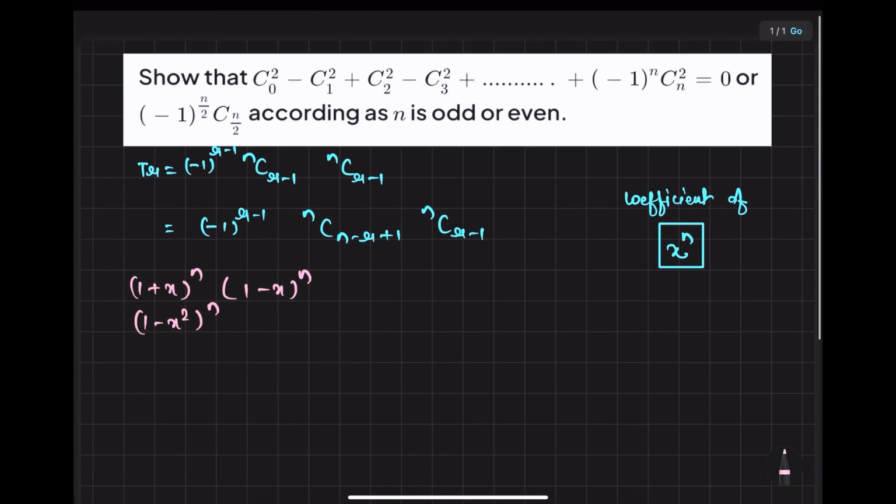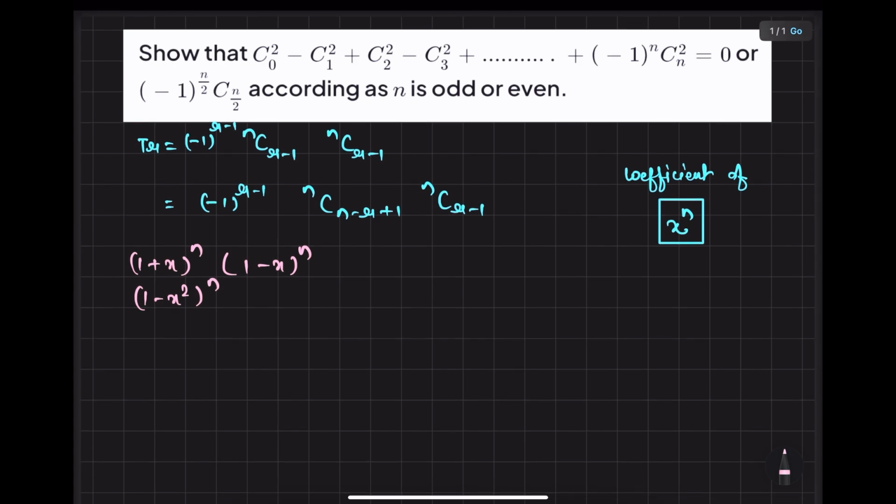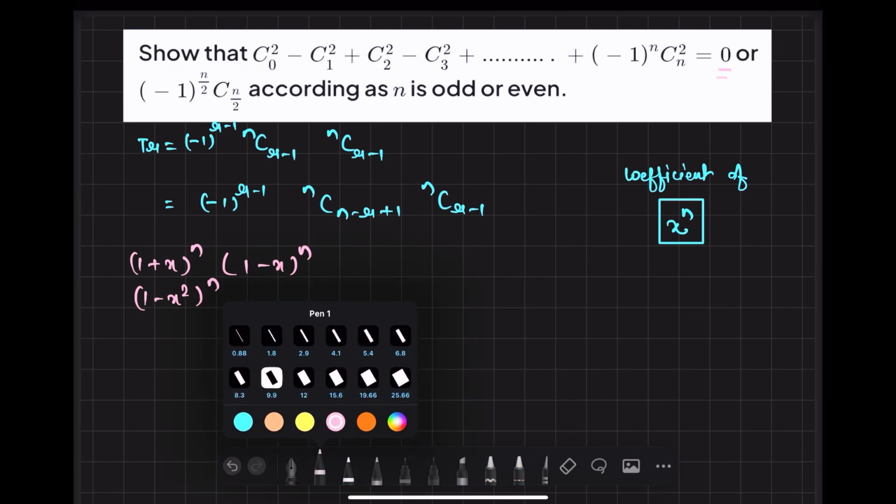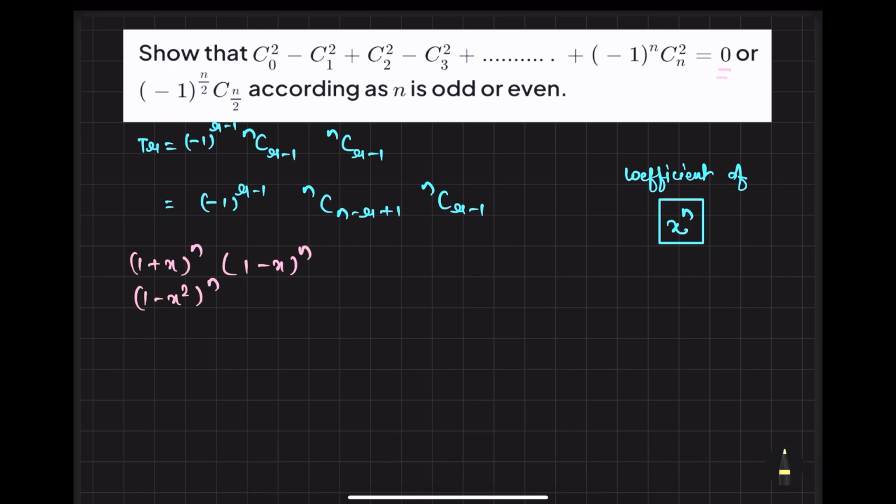Now look at this. They are saying the answer will depend upon n. If n is even, the answer will be different. If n is odd, the answer will be different. So suppose that n is odd.